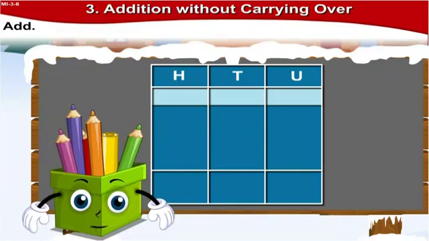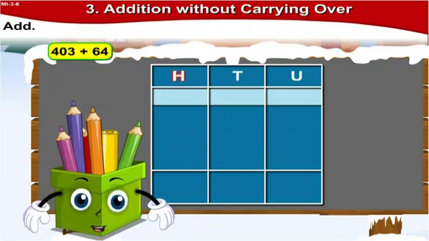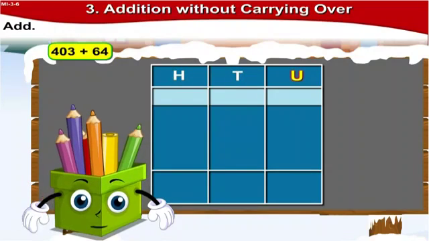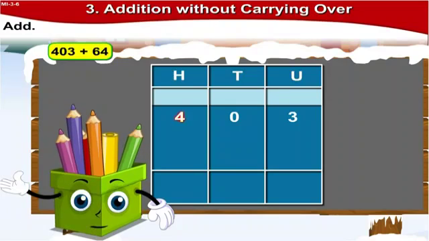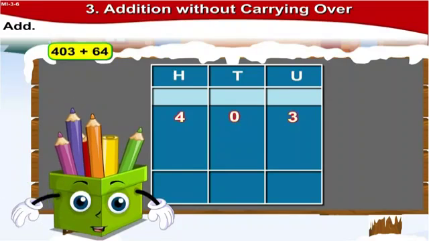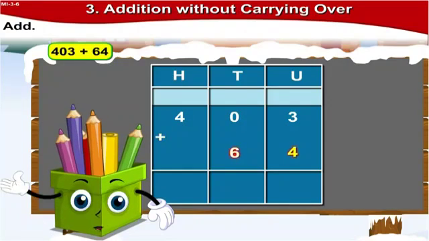Now the next sum. 403 plus 64. First we'll write hundreds, tens, units. 403 would be 400, 0 tens, 3 units, plus 64 would be 6 tens, 4 units.